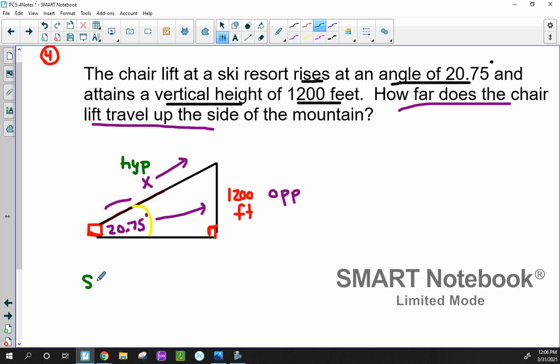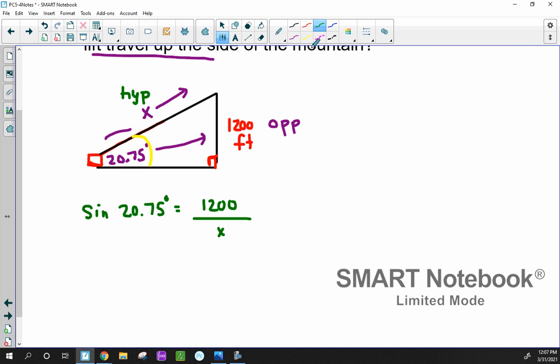So we're going to do sine of 20.75 is equal to 1,200, opposite on top, divided by hypotenuse, which is what we're trying to find, and there's your x. And let me mark my degrees here. This is the trig equation I'm going to use to help me find the distance.